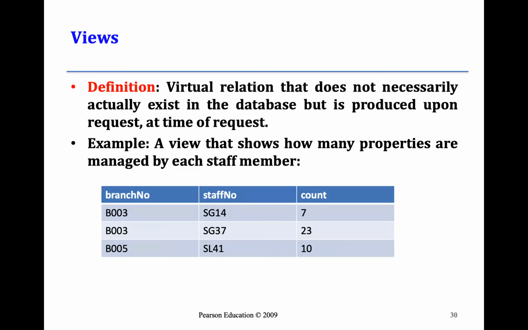So here we have an example where we have a view with the number of properties managed by each staff person. You can tell immediately it's a view because you'd be unlikely to keep an aggregated column, which is count, in an actual database. So this is certainly a view.